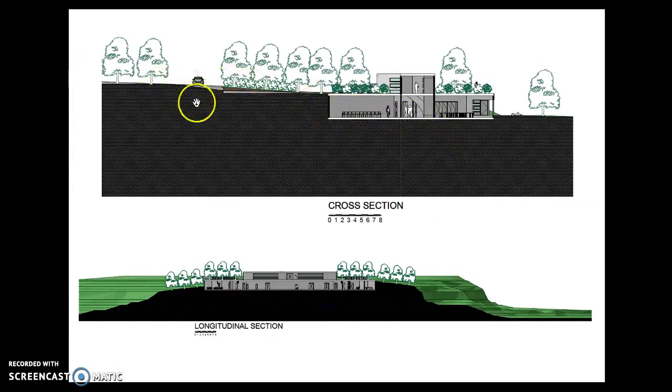And this section sort of portrays how the building is coming to the site. So this being the laneway, obviously the building is coming into the topography of the site, where the levels are here.